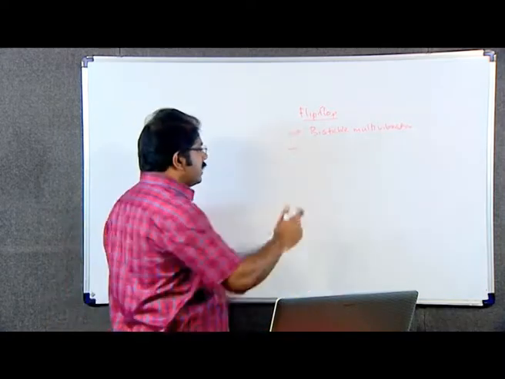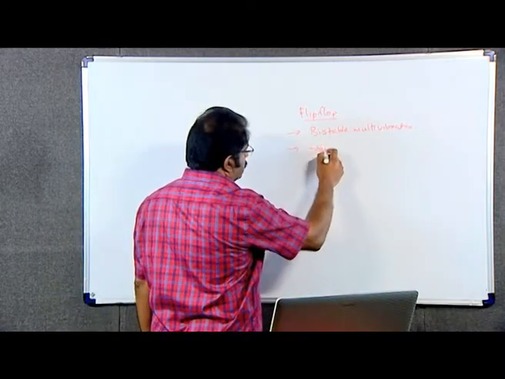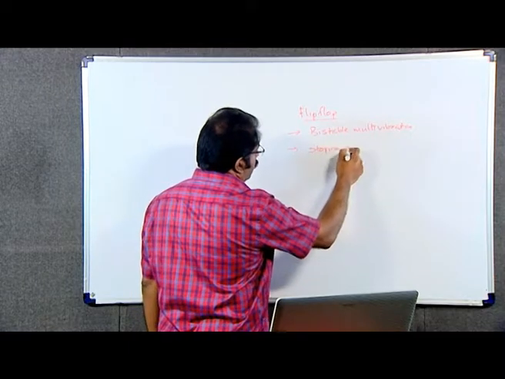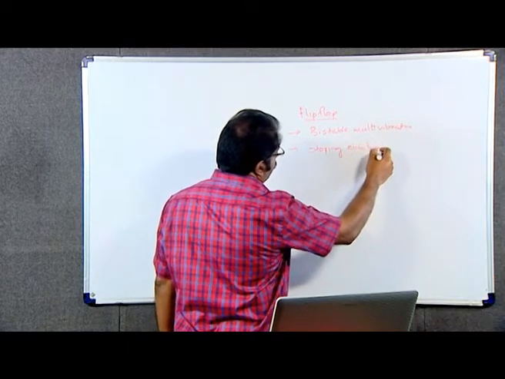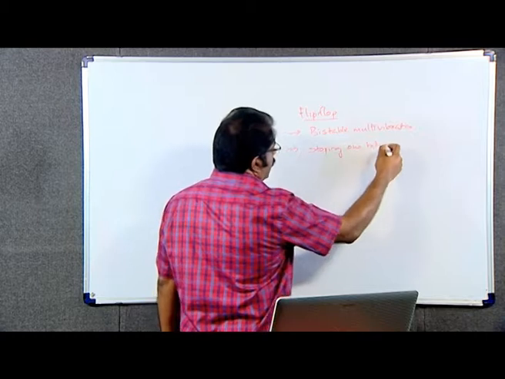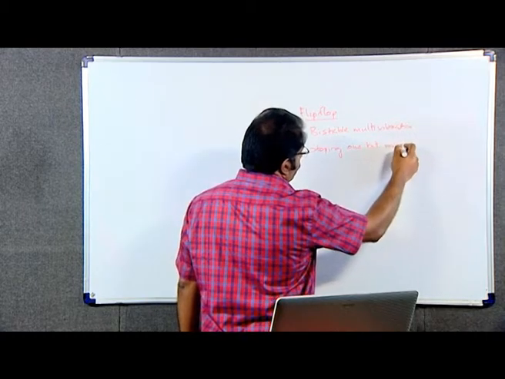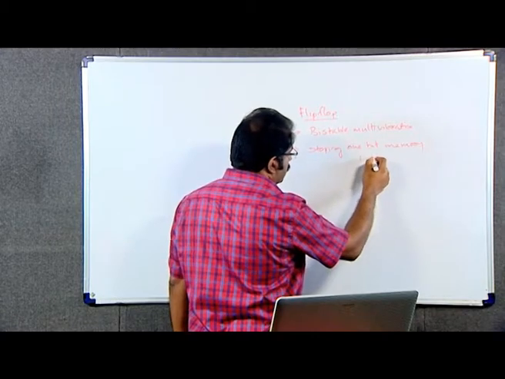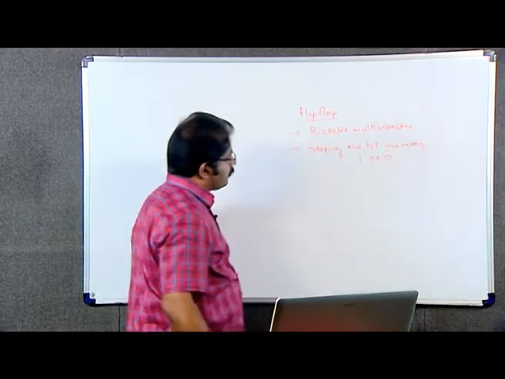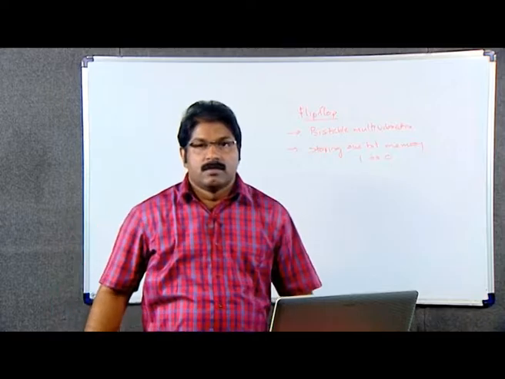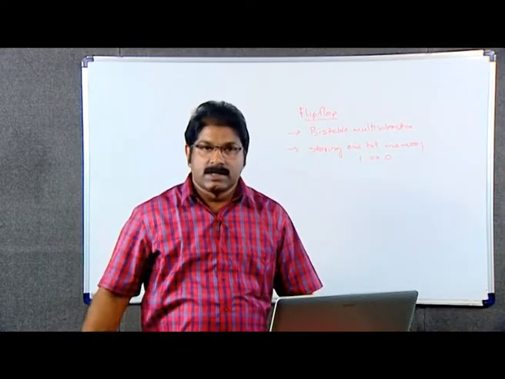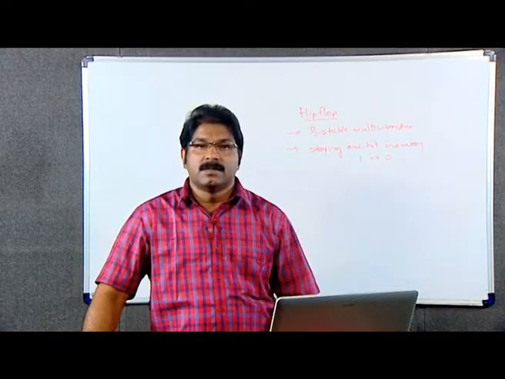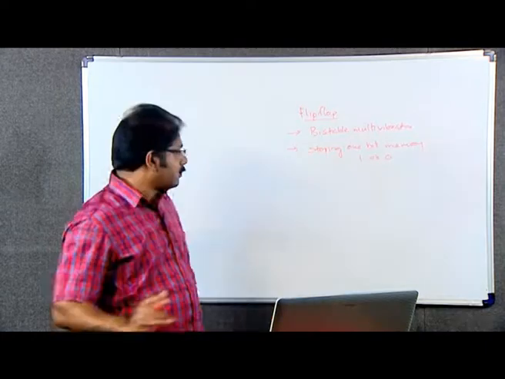It has the capability of storing one bit, one binary digit of memory. So, it is capable of storing either 1 or 0. We can also say that they are the memory elements of a sequential logic circuit.